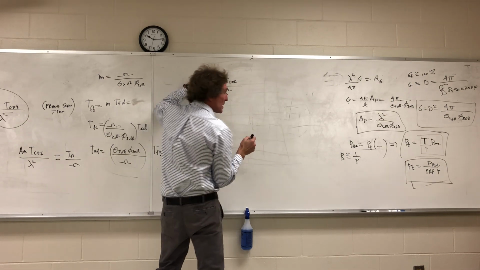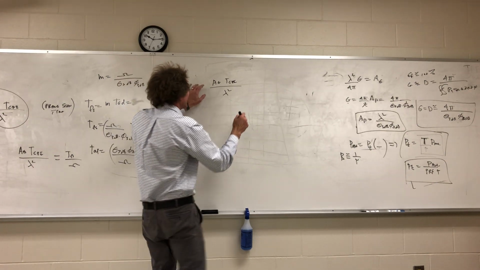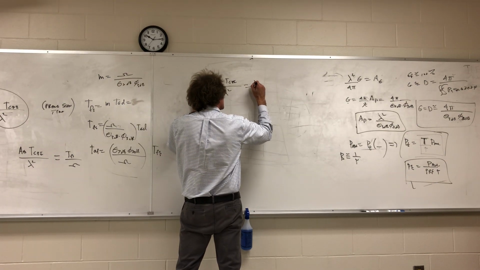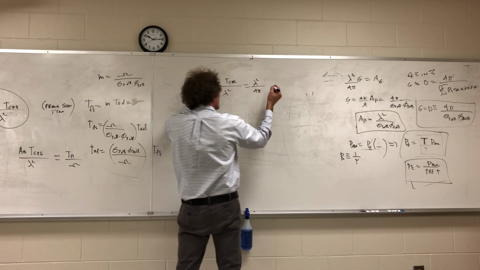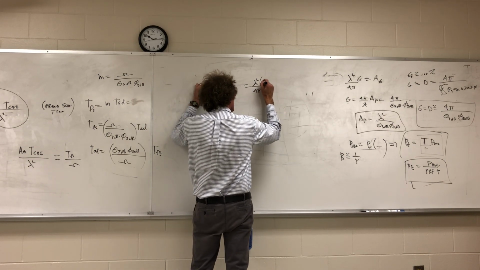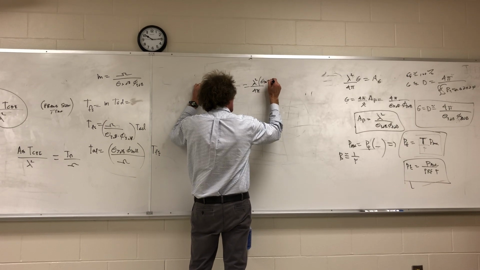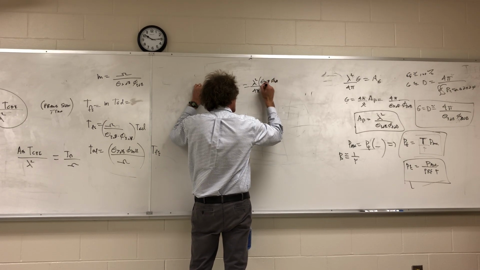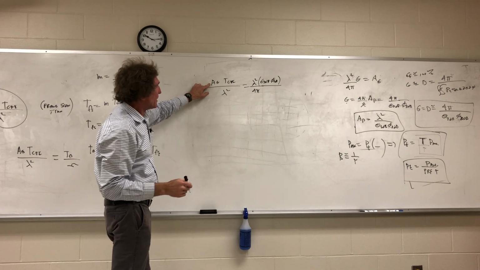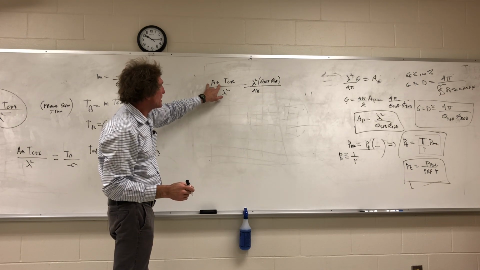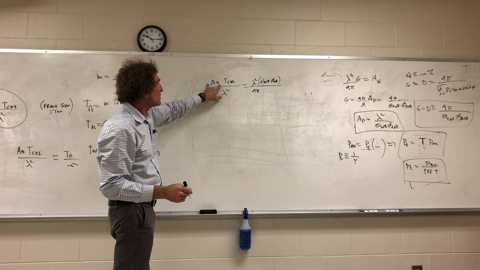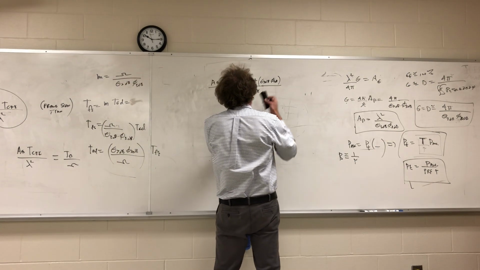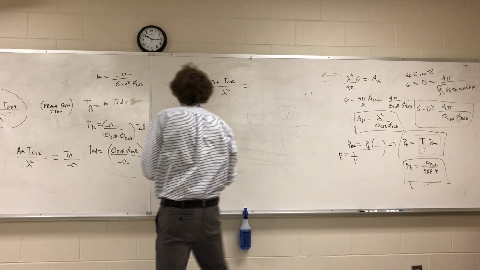Now, this is what you were saying. I can replace that by lambda squared over 4 pi times the gain. And the gain is really going to be the 3 dB. Alright, so that's replacing this by lambda squared over 4 pi times, oh, sorry. Okay, yeah, I did that wrong. Let me do that right.